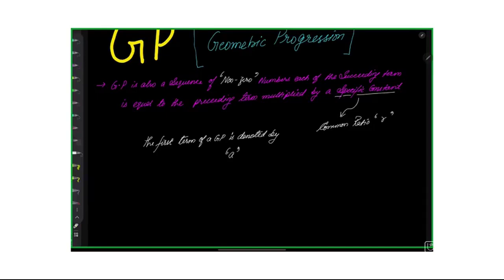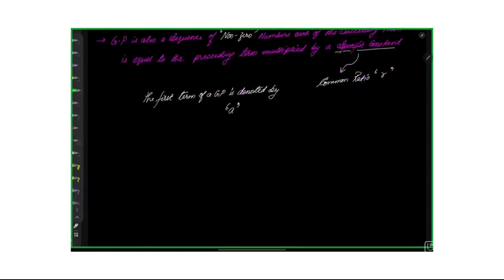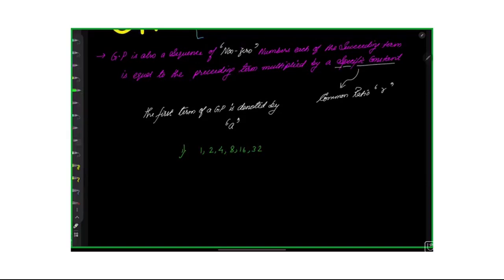I'll give you a few examples of GP. You have to tell me if it is GP or not. 1, 2, 4, 8, 16, 32. Is it a GP? Go back to the definition. GP is a sequence of non-zero numbers. Is there any zero? No. Okay, satisfied, first condition.